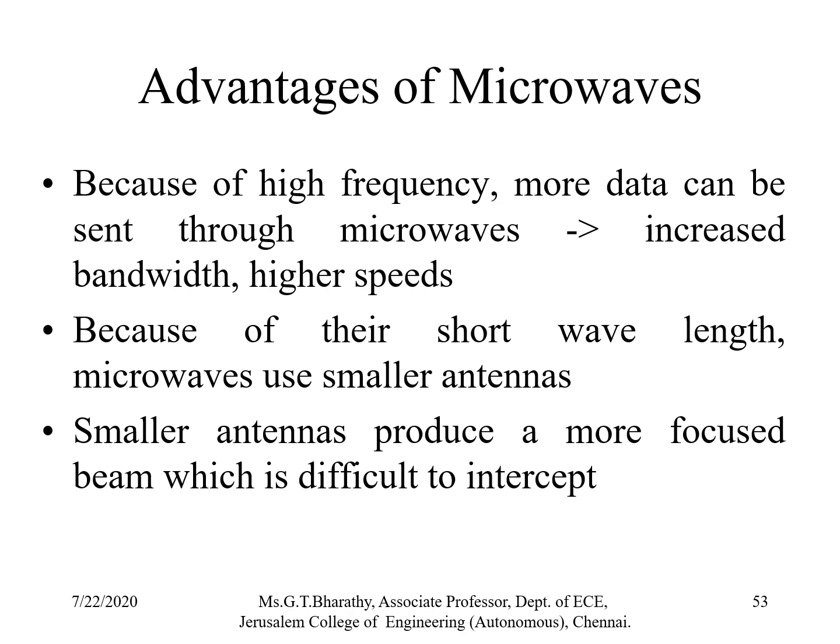So since the microwave frequency is in gigahertz, the wavelength lambda will be in centimeters or millimeters. So the size of the antenna that is required will be very small. So that is another advantage. Smaller antennas produce a more focused beam which is difficult to intercept.